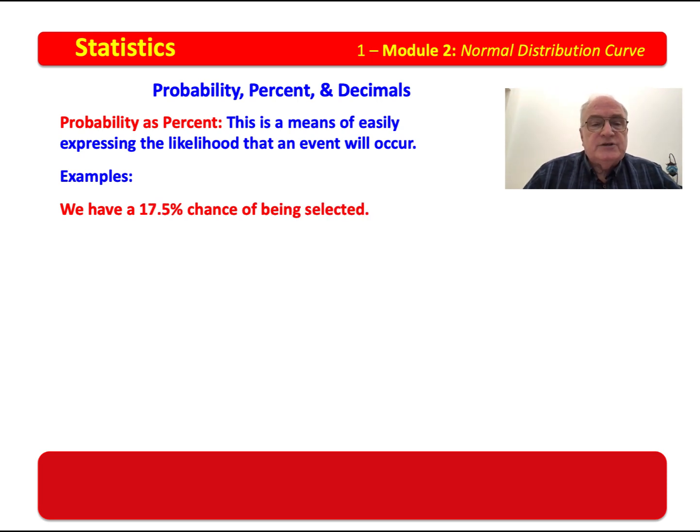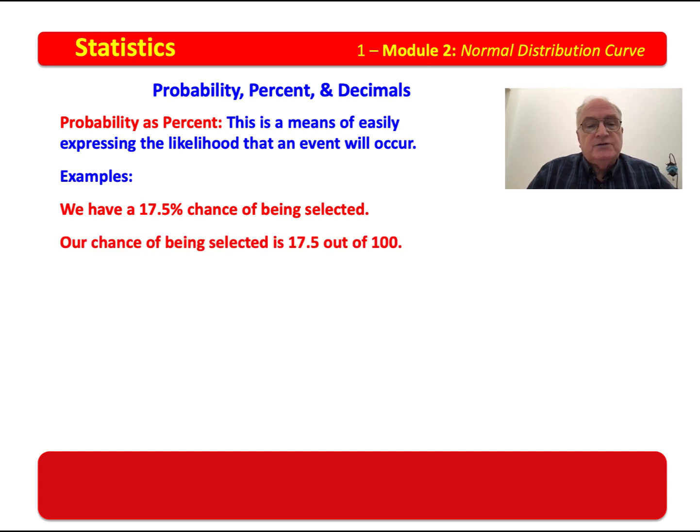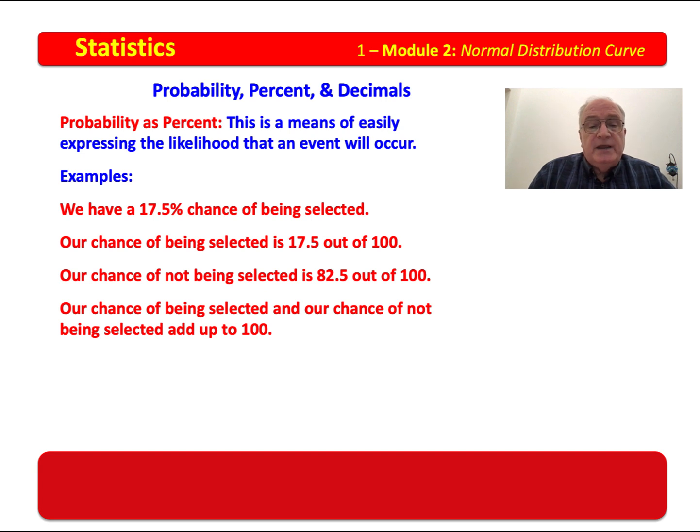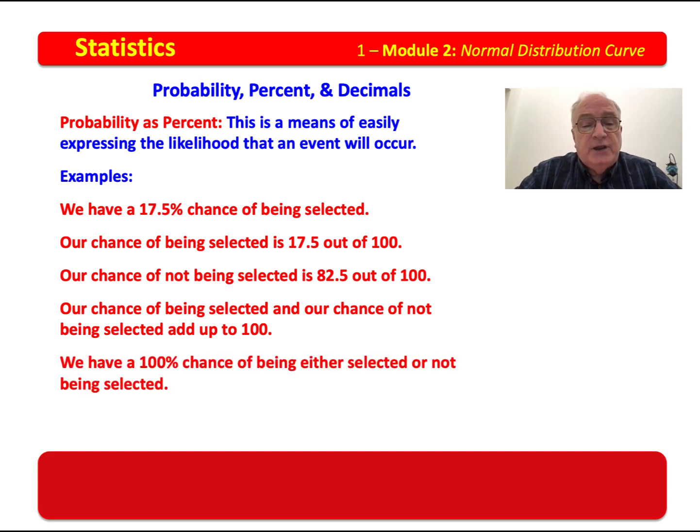Now, we have a 17.5% chance of being selected. Our chance of being selected is 17.5 out of 100. Our chance of not being selected is 82.5 out of 100. Our chance of being selected and our chance of not being selected add up to 100%, or 100 out of 100. We have a 100% chance of being either selected or not selected.